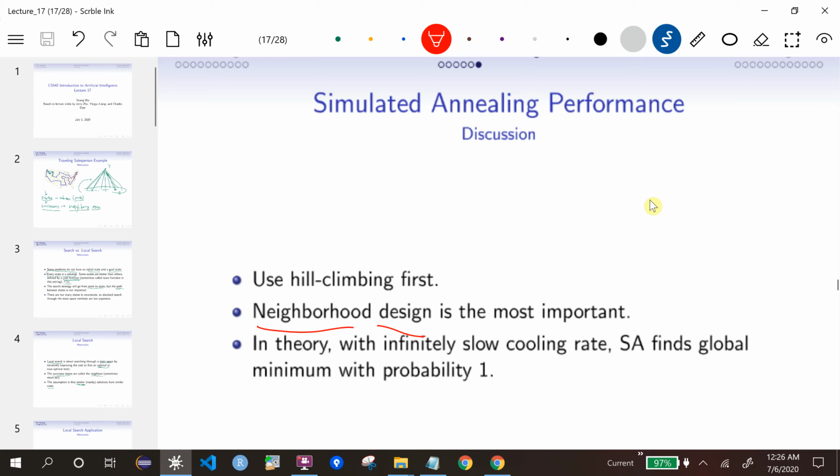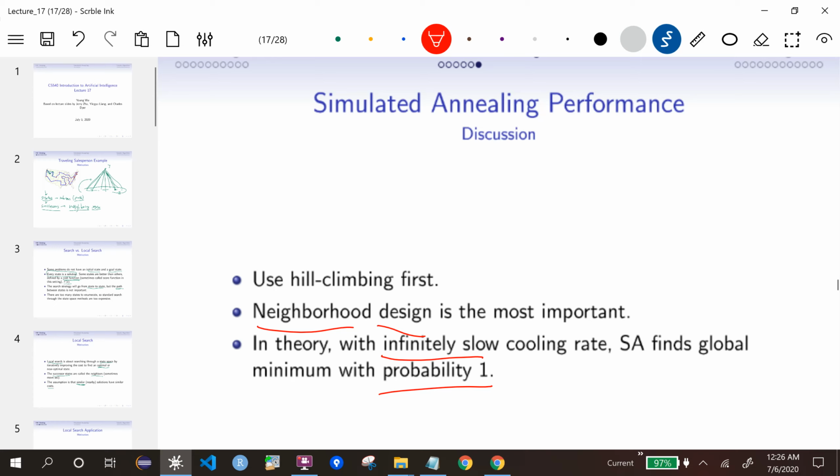And as I talked about earlier, if you have an infinitely slow cooling rate, which means the probability would decrease very slowly, so there is always a positive probability of moving to a higher state, then with probability 1, we will be able to find the global minimum.